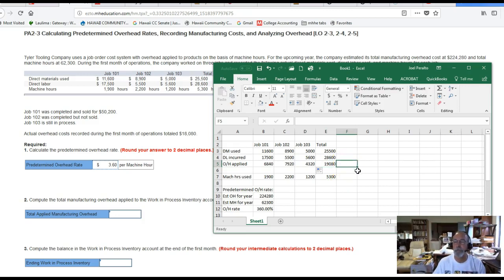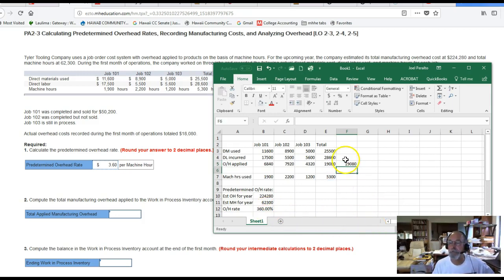And if we wanted to double check it, we could by doing a separate calculation to take, let's see, our total machine hours used and multiply it by our rate.